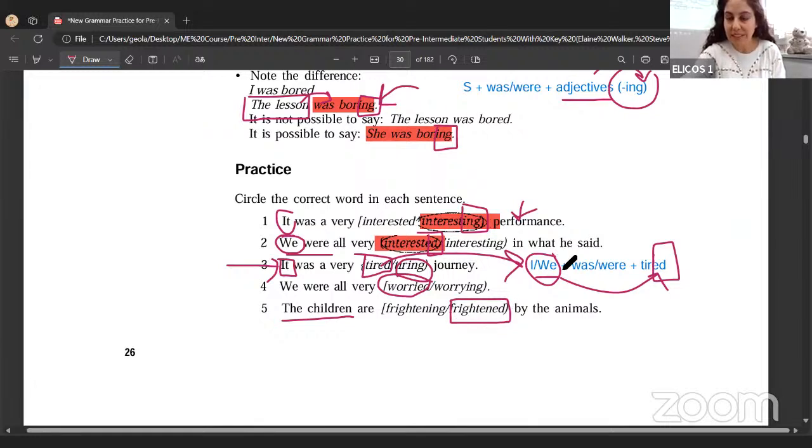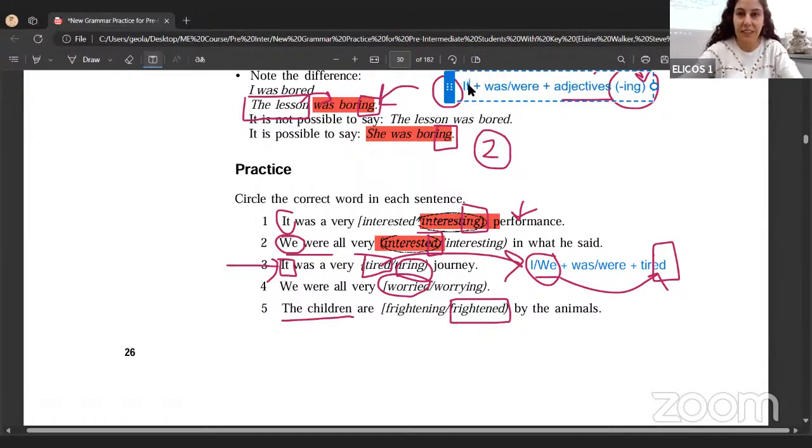It goes back to this rule, which is different. So I'll put the rules here. This is the first rule. So I'll put number 1. The second one, so maybe I'll put that this one is if you use it specifically. Okay, so if you say it, then you have to put the ing to the adjective.